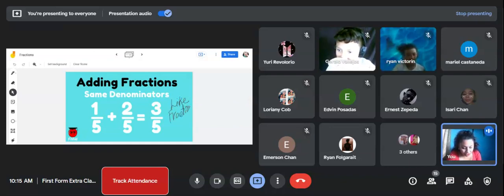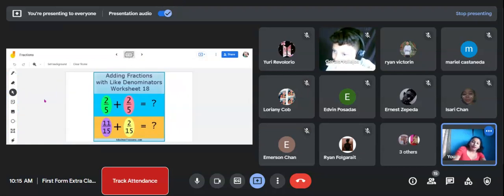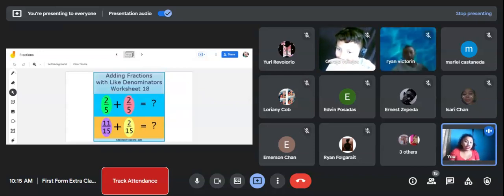And why like fractions? Because they have the same denominator, and therefore my answer is going to have the same denominator. So if I am adding fractions that have a like denominator, we have to understand that my answer is going to automatically have the same denominator. So that's the first thing that I'm going to write.